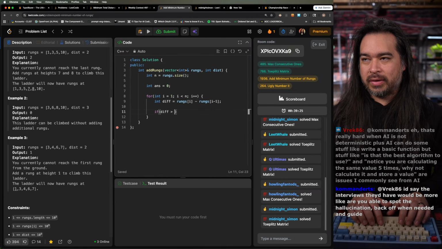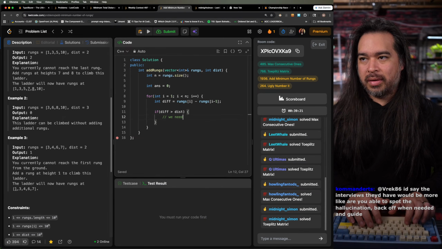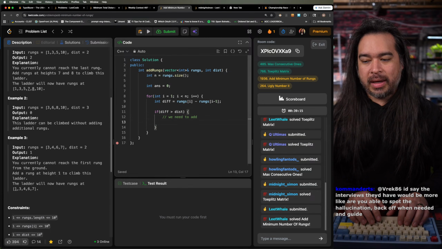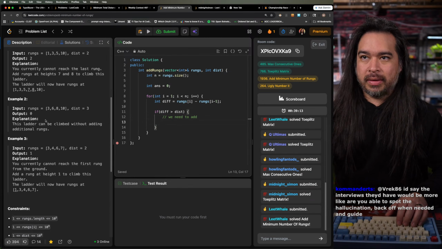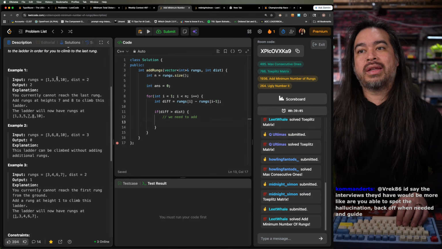If this is greater than the distance, then you need to add something. But how many do we add? We add 2. So the distance is 5.